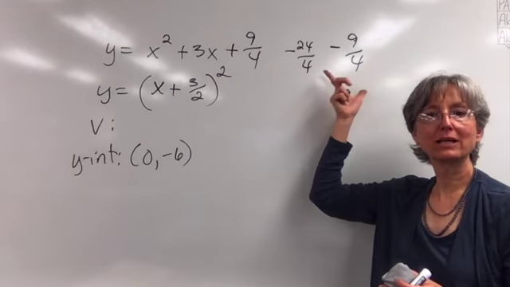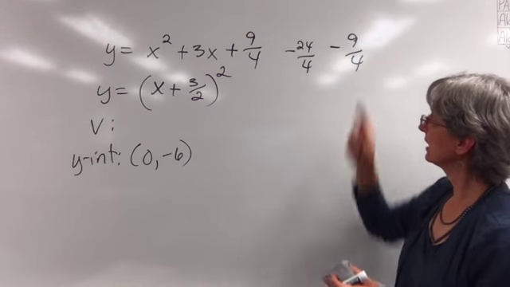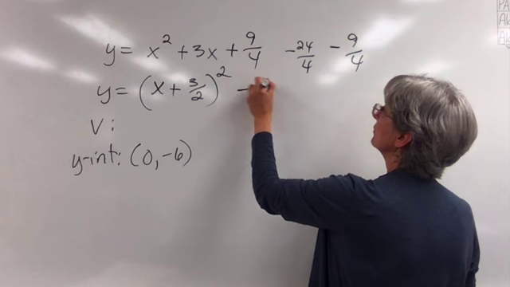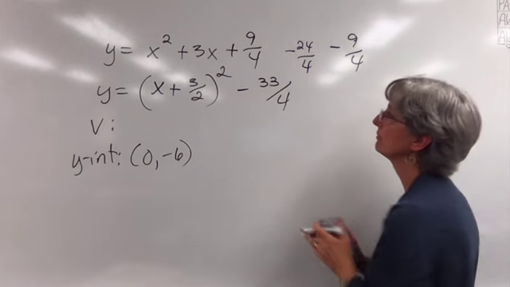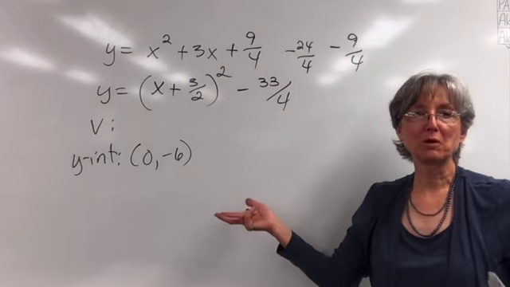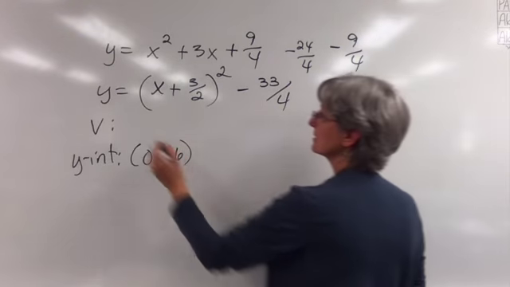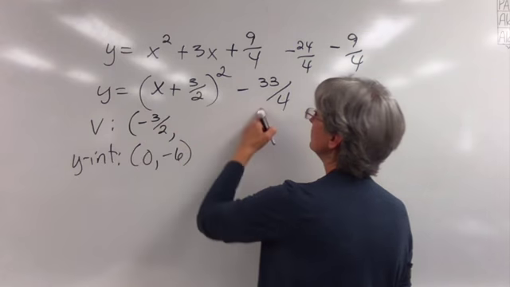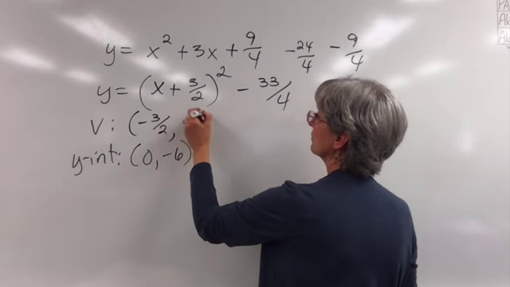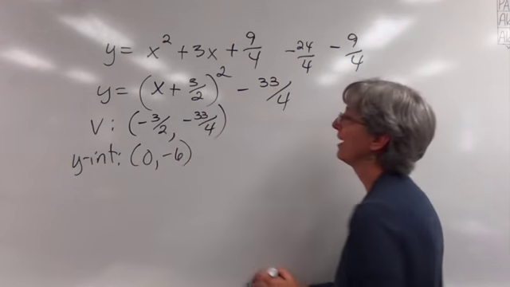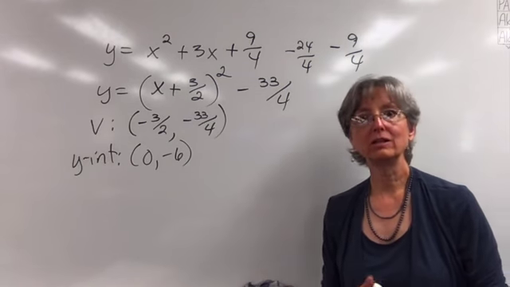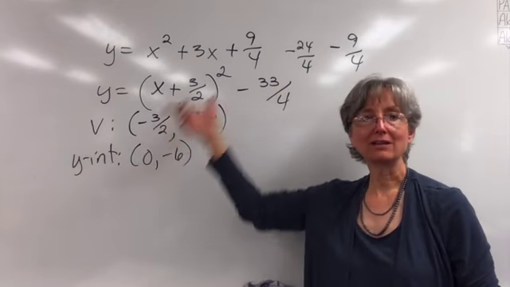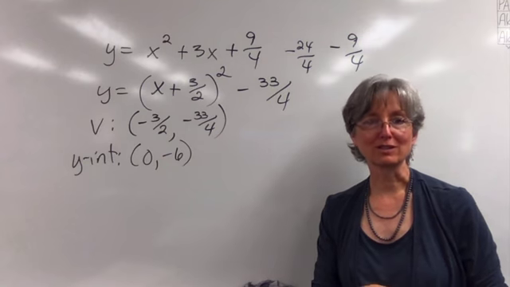Now I can combine them. Negative 24 and negative 9 is negative 33 over 4. So what's my vertex? My x is negative 3 over 2, and my y is negative 33 over 4. And even with gnarly numbers like that, this still works.